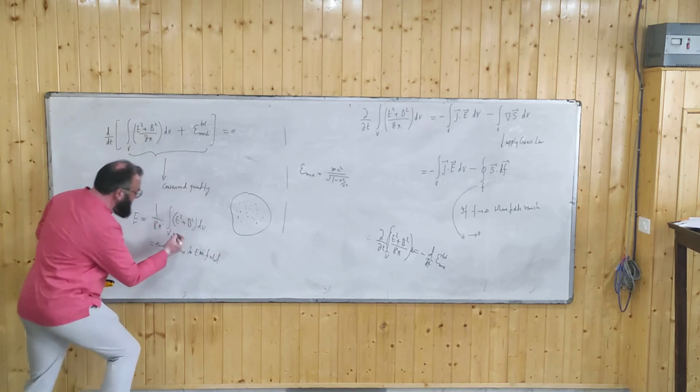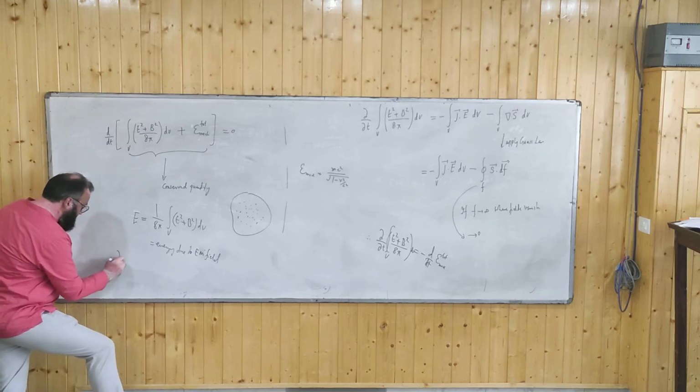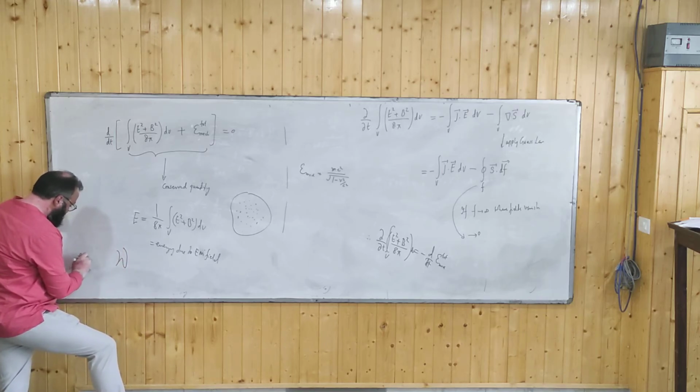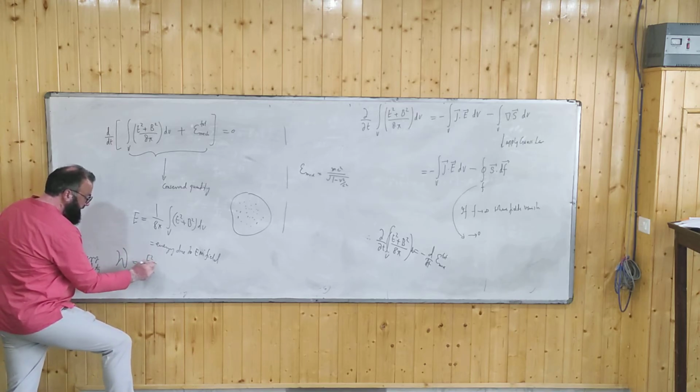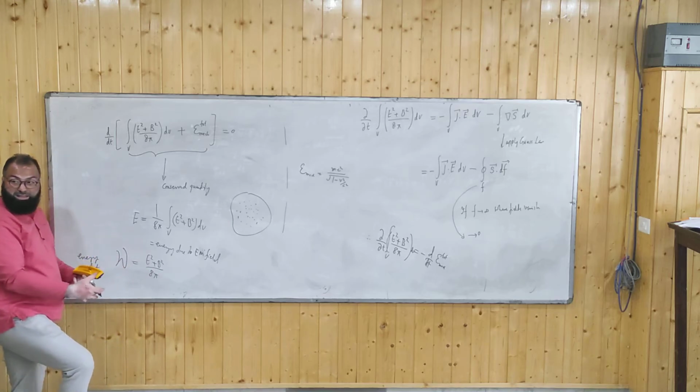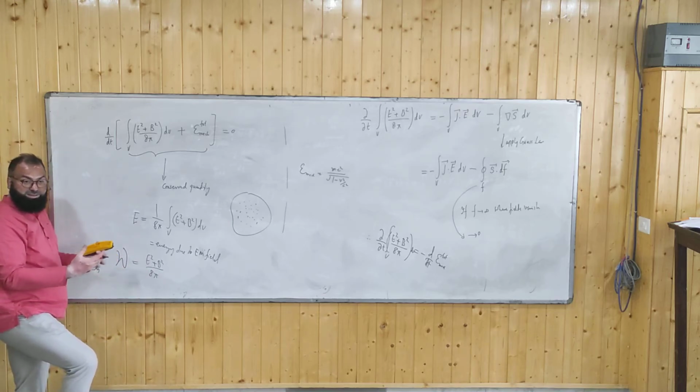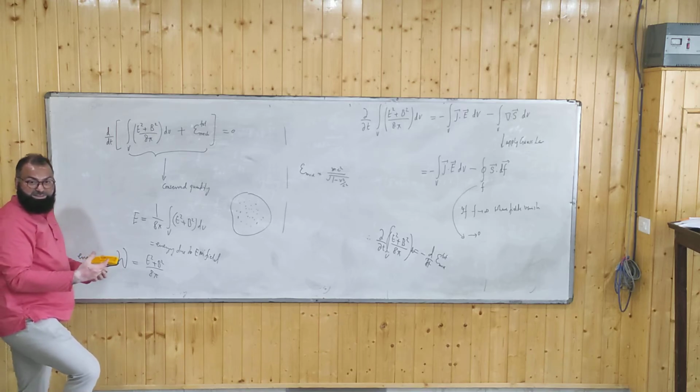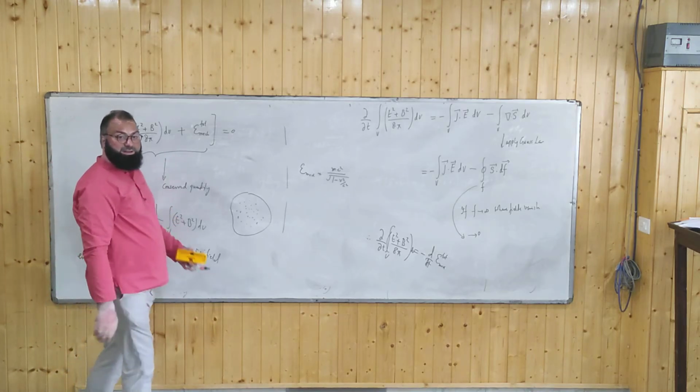In other words, let me write the energy density. That's equal to E square plus B square by 8 pi. So this represents the energy density of the field. Clear? So this gives me the conservation law.